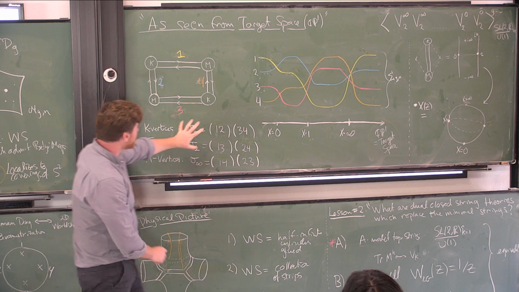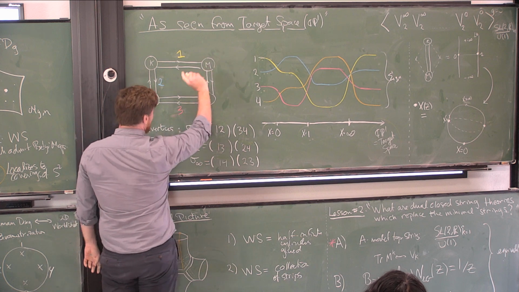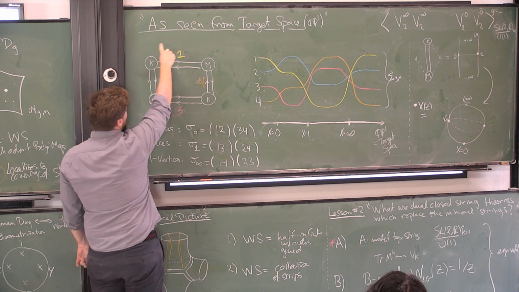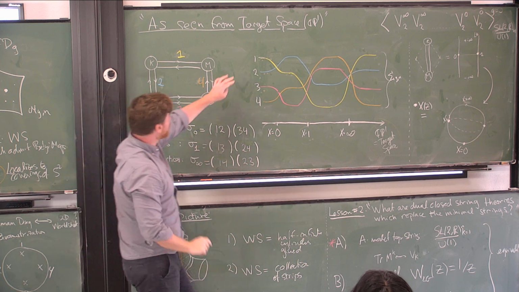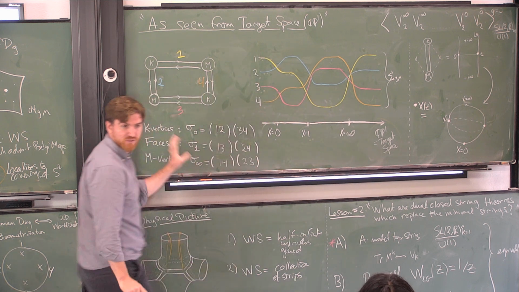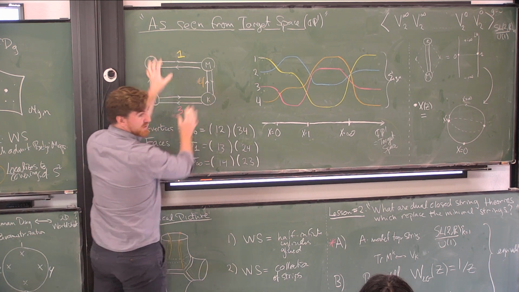So how am I going to write down some permutation from this diagram? Let's start over here with a k vertex. I go around clockwise. So this is a 1-2 cycle. And that's going to tell me that when I'm a little ant, I go on the first sheet and the second sheet get permuted. That's what this 1-2 means. And similarly here, 3-4. So I've done the k vertices.